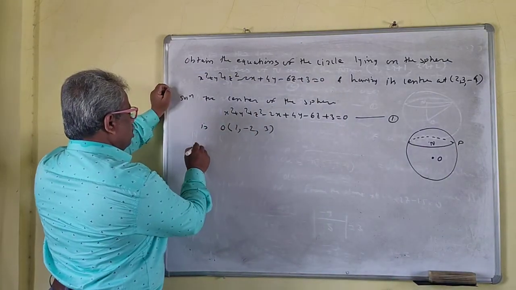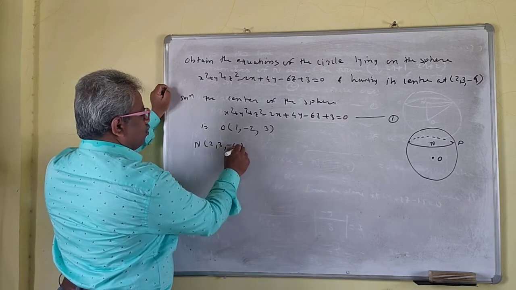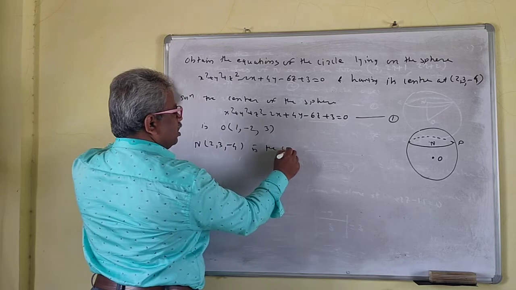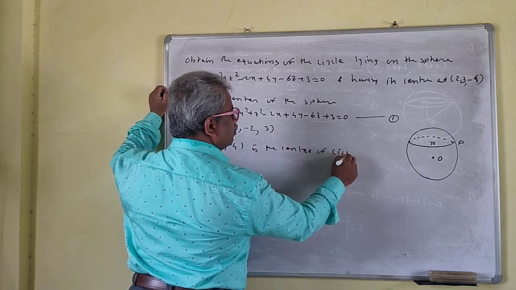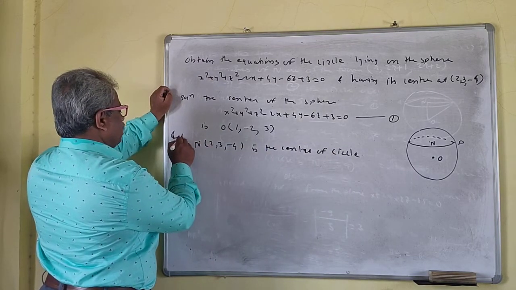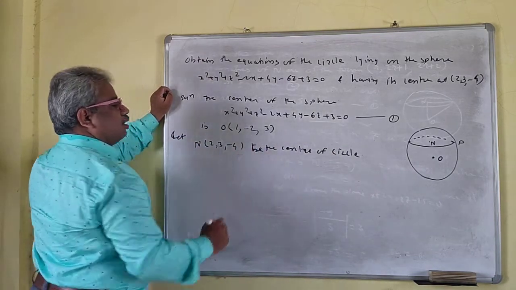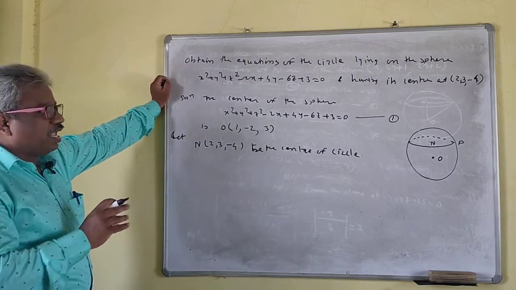N (2, 3, minus 4) is the center of the circle, given, or let us say let N be the center of the circle that is provided to you. We are giving the name for that.